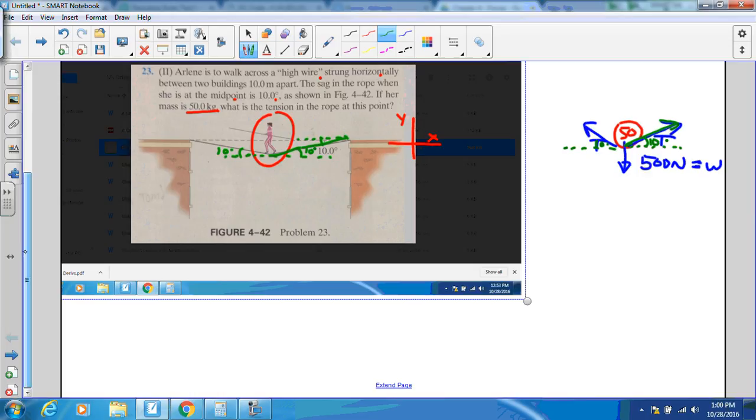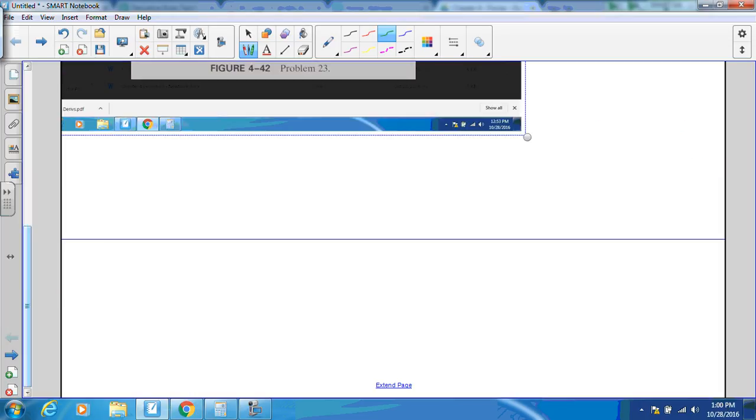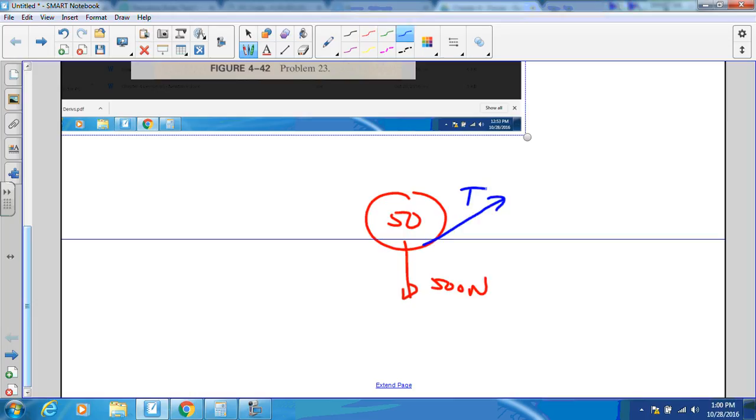Now this free body diagram needs to be expanded a little bit, so let me pull it down a little bit larger. We're going to have a 50 kilogram Arlene, 500 newtons of weight going down. We're going to have a tension at a 10-degree angle like this, tension at a 10-degree angle like this. What we're going to do with our forces is the same thing that we did with our initial velocities for projectiles.